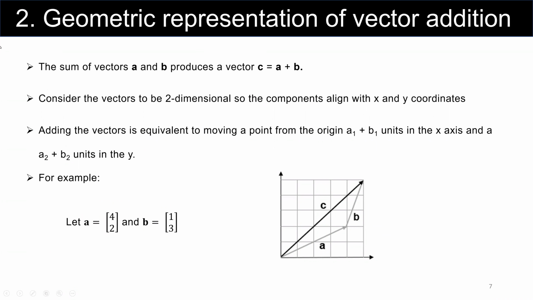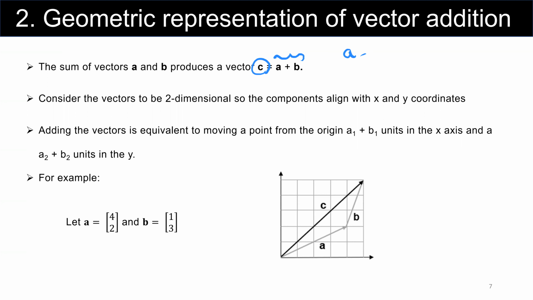Now we want to look at the geometric representation of vector addition. So as we talked about, let's call the addition of vectors A and B to be vector C. So now we want to show them in the two-dimensional space. What does that mean?